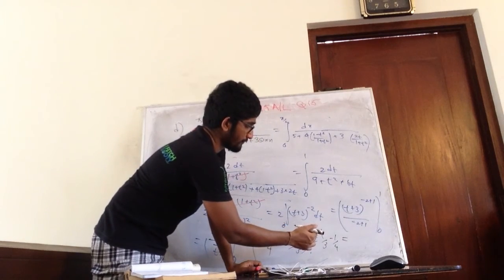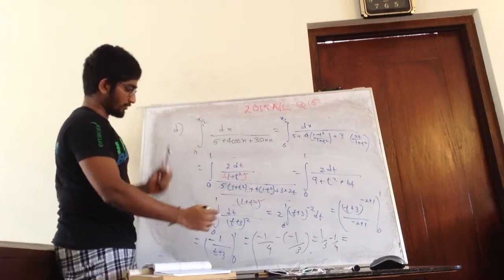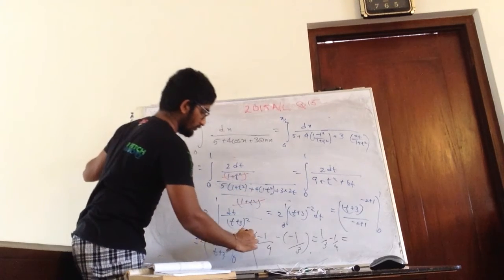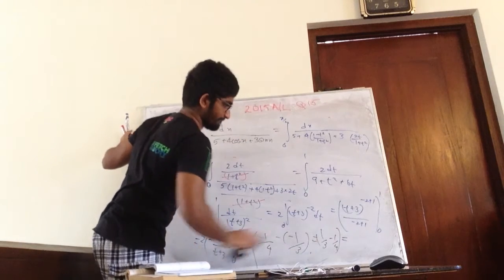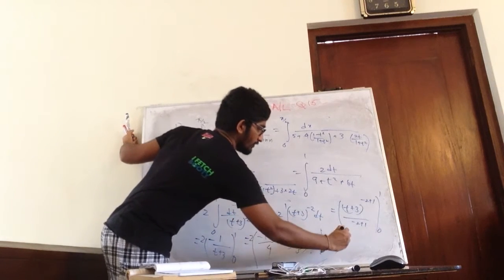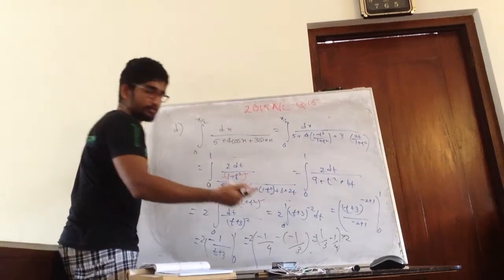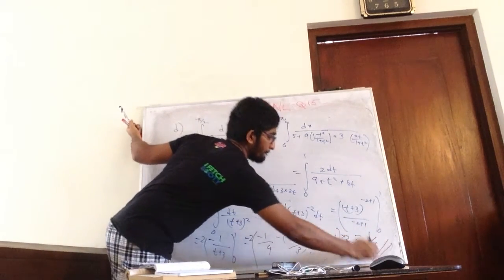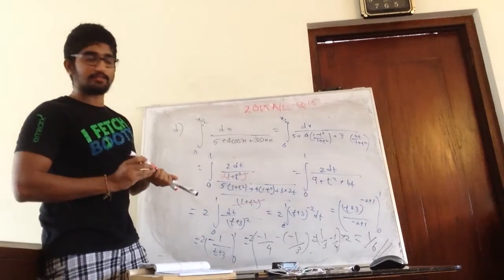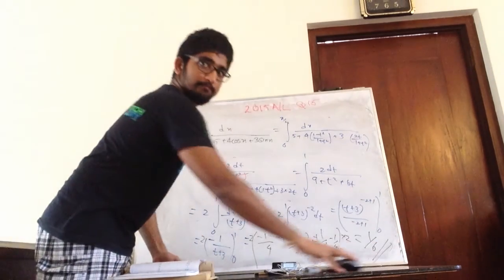Wait, there's a 2 here. So this becomes 1 over 12. So 1 over 12 times 2 is 1 over 6. So that's the answer that we want.